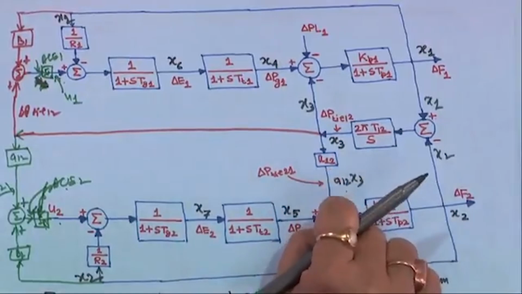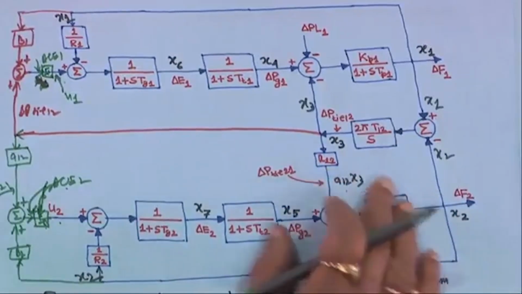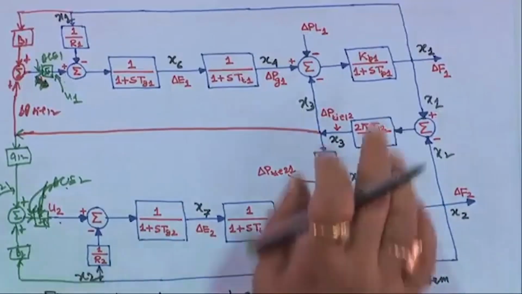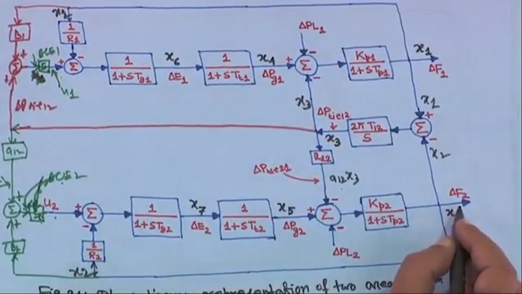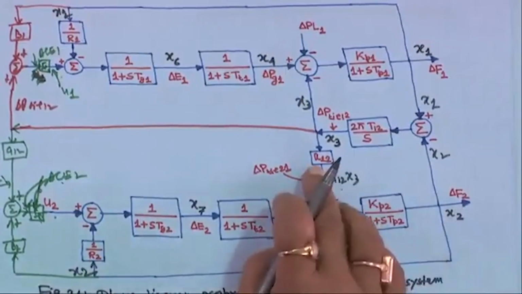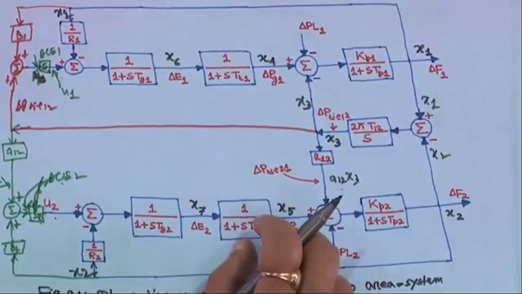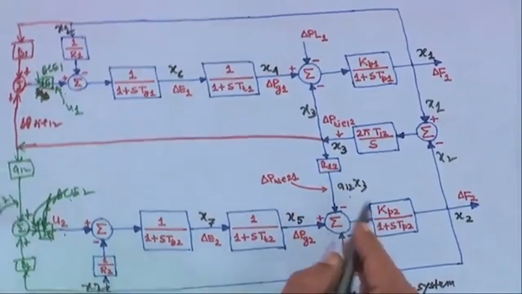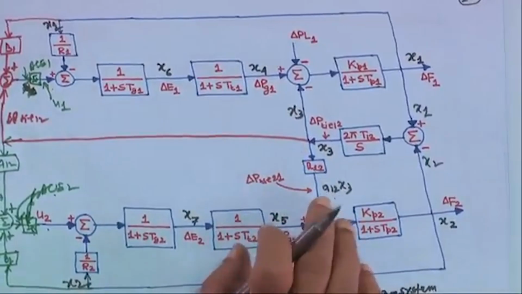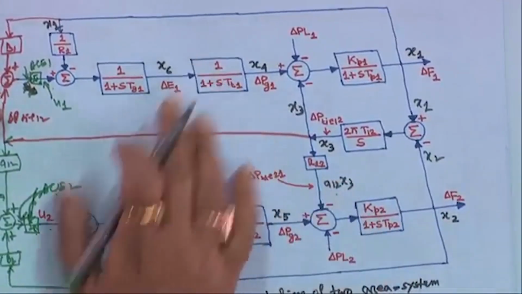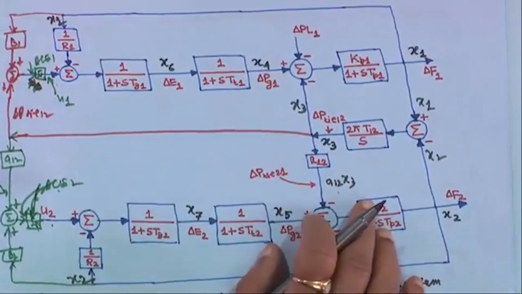Theoretically, the whole system will then have no effect on this system, because the frequency deviation will be almost negligible. That means this side will act like an infinite system. If the area capacity of area 2 is much higher than this one, then this can be taken as a single machine infinite bus system.